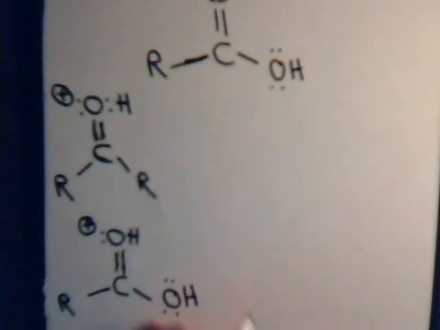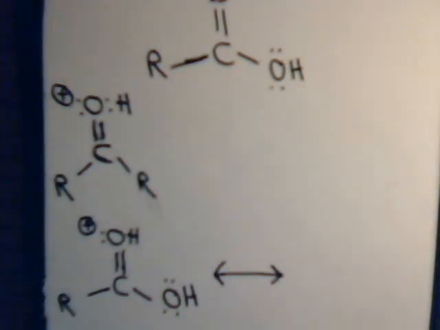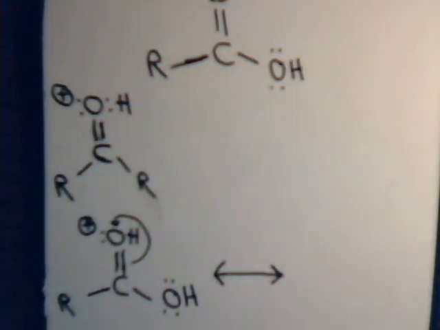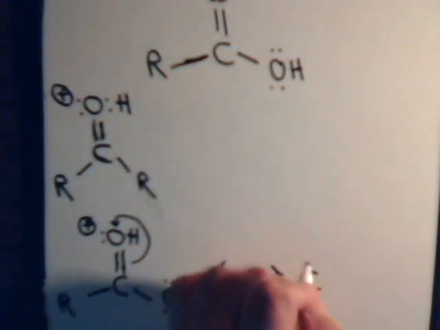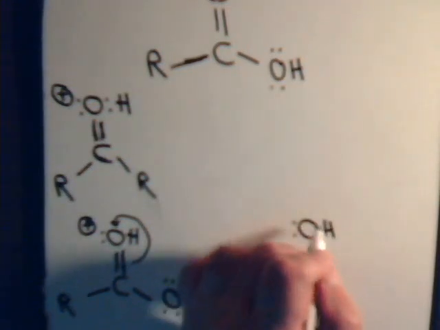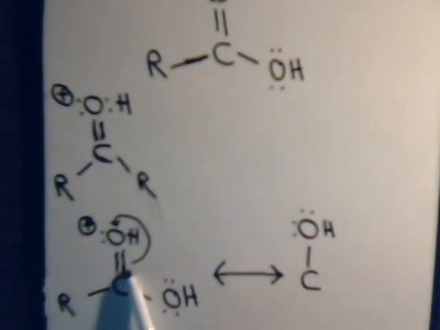What can happen, as we've seen in our previous videos, is we can imagine oxygen taking both of the pi electrons. Of course, in the pi bond the carbon puts up a pi electron, and so does the oxygen, and they share them. But we imagine oxygen keeping both of those pi electrons. So we now have a single bond, and the oxygen no longer has a positive charge because it acquired an extra electron that it took from the carbon.